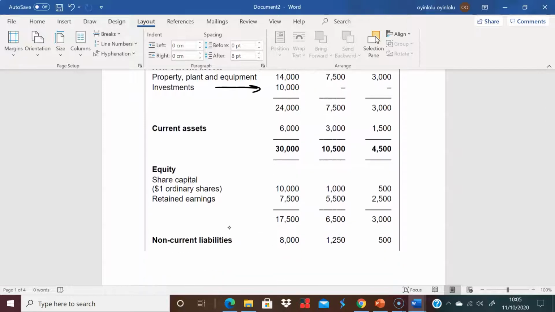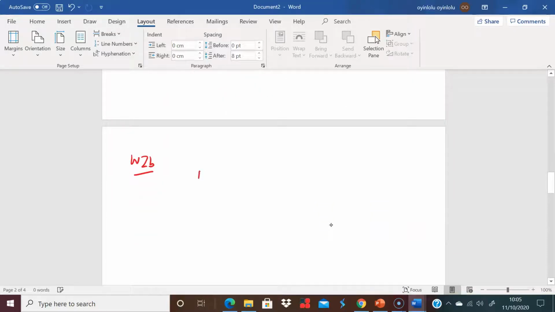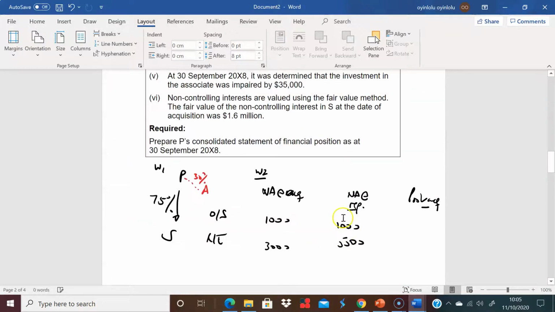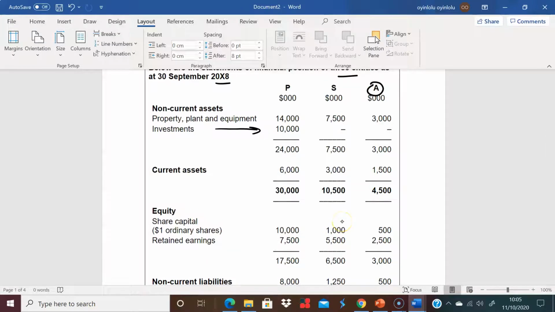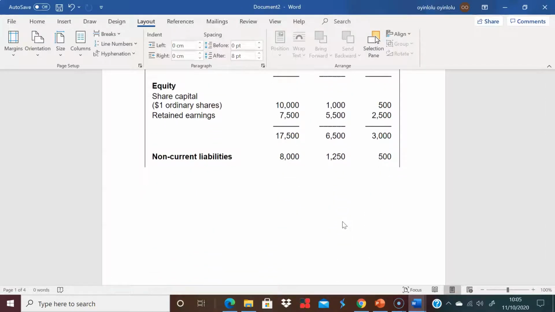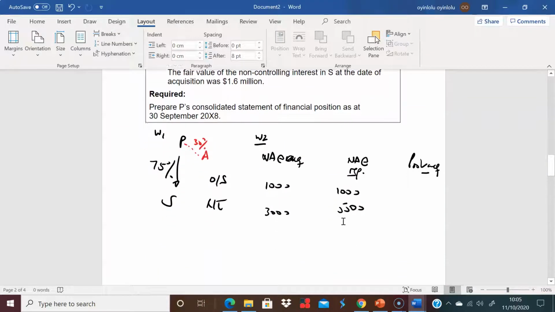So 500 here, net assets at acquisition, net assets at reporting, 500, 500. And when I look here, what do I see? Here we have retained earnings at 2,500. So that's at the year end, 2,500 here.